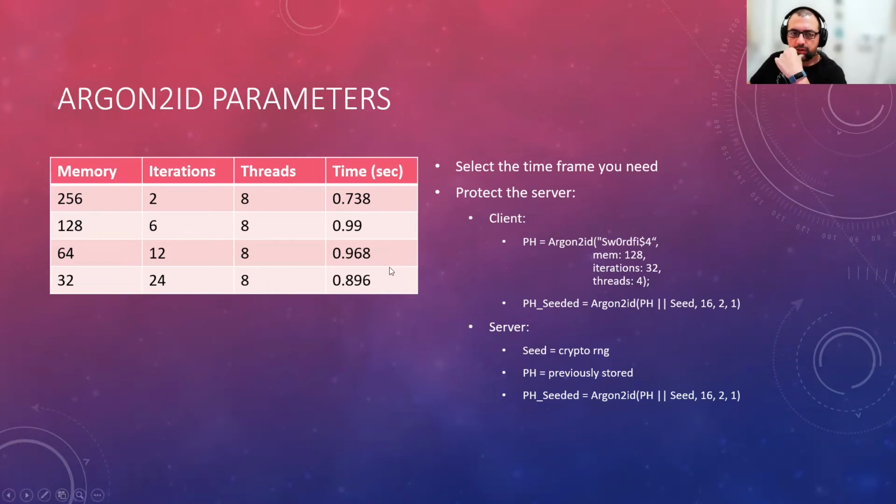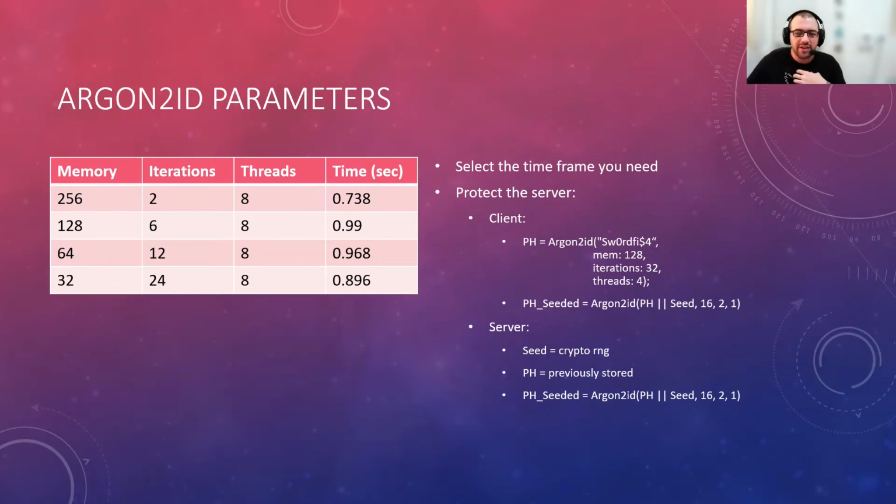And you can see some numbers about how long this takes. So 128 megabytes, 6 iterations over 8 threads would cost me almost a second, which means that brute force attempts to find my password are going to be really expensive.